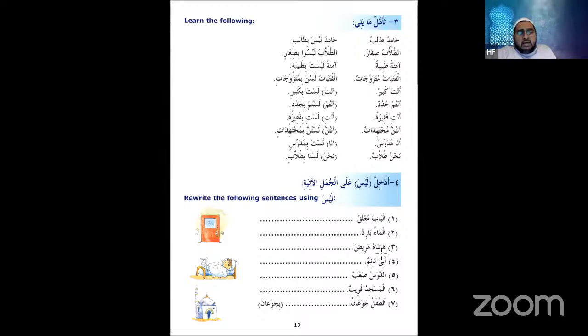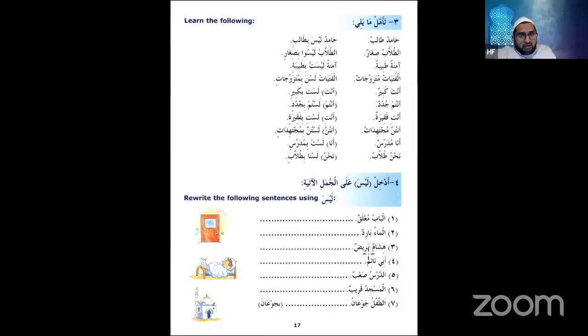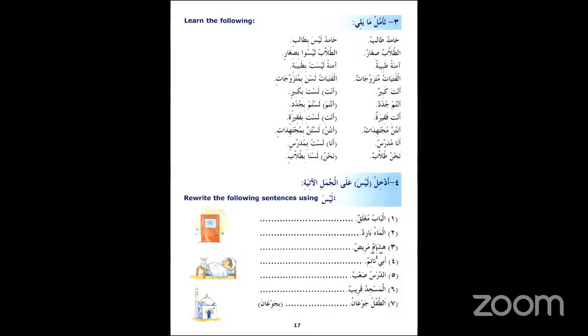Put laysa in the middle. Hisham laysa bimaridin. Instead of the beginning, put it in the middle. Okay, right. Abi naimun. Father is sleeping. Laysa abi binaimin. My father is not sleeping.